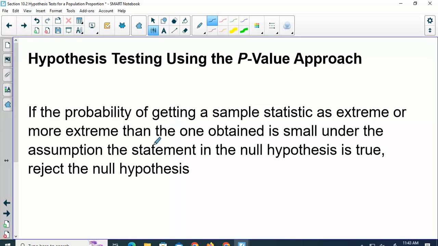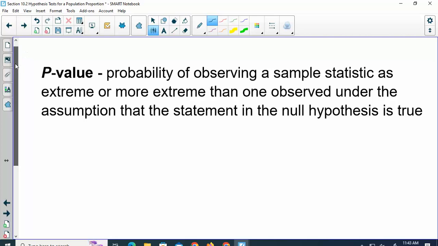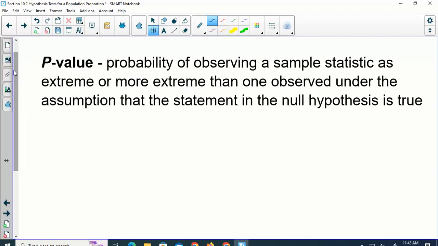So with the p-value approach, we are going to find the probability. And then if the probability is small enough, we reject. So it's the same thing, a lot of the same work to begin with. You have to get your criteria, your mean, your standard deviation, but we'll just go all the way through finding our probability.